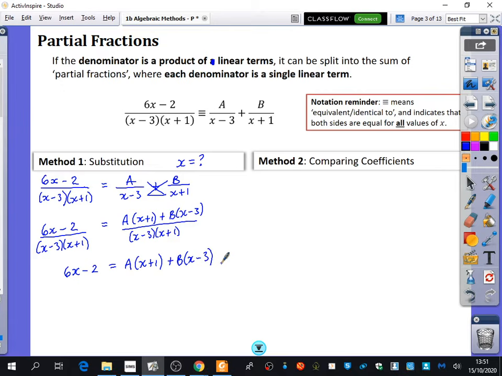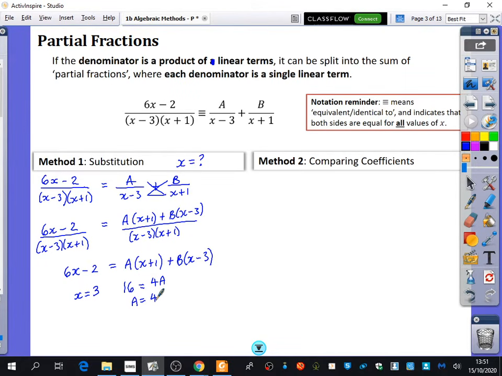So that's a really good suggestion from Ibtiaz, that x is going to be equal to 3 for one of my substitutions. I'm going to do it on the left-hand side as well. On the left-hand side, I've got 6 times 3 minus 2, which is 18 minus 2, or 16. And when I substitute 3 on this side, I get 4A. So that means that A is equal to 4. Okay?